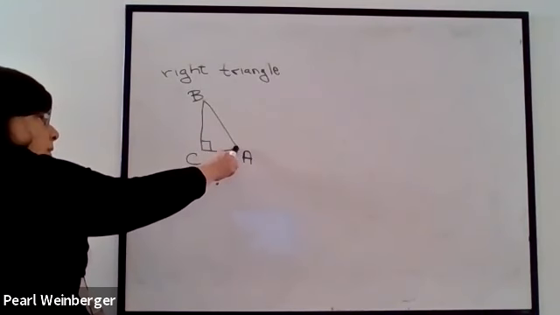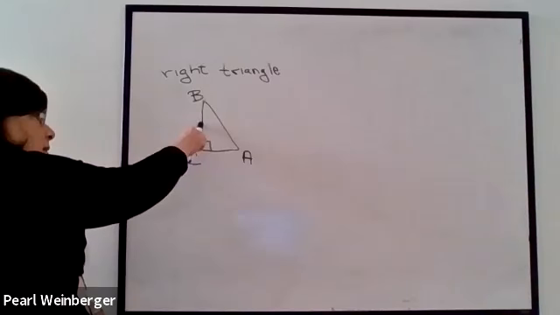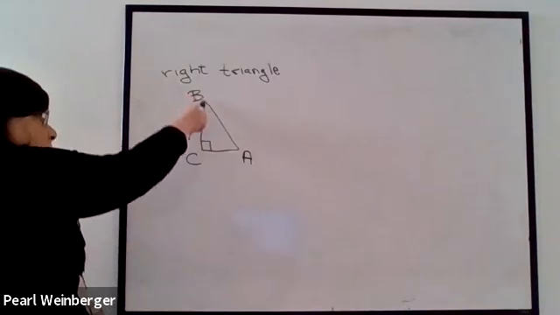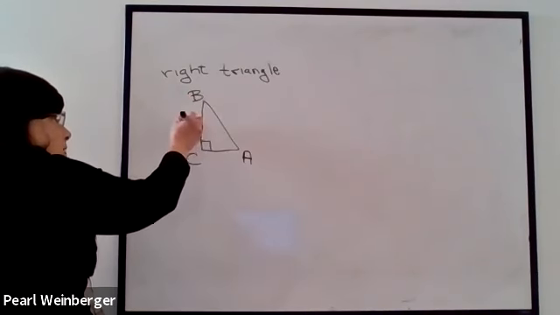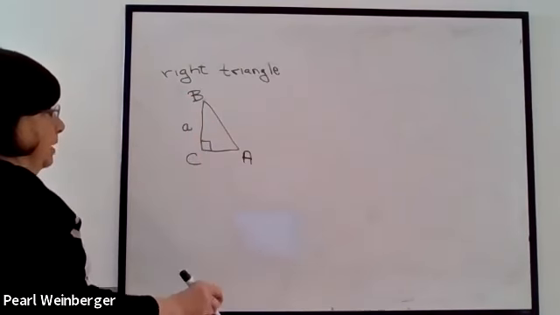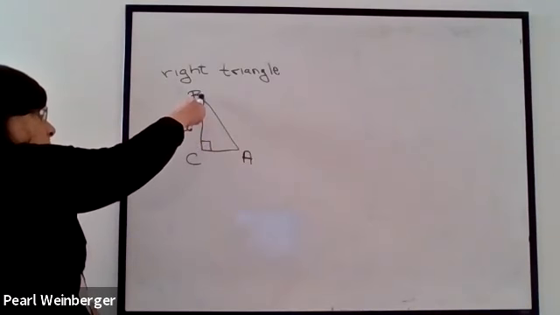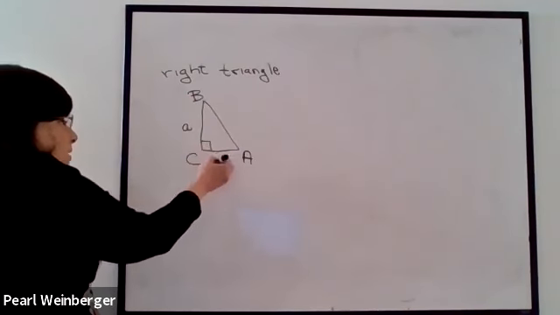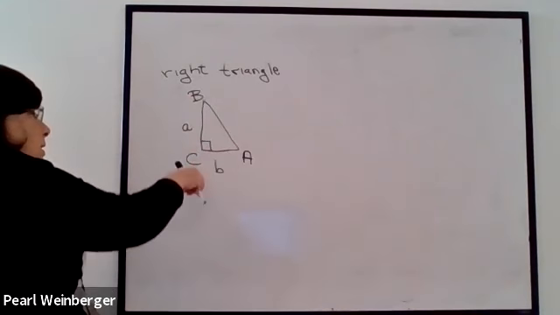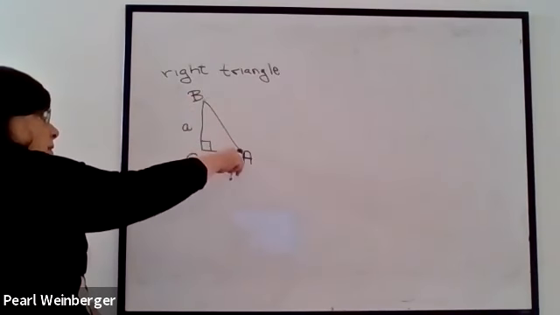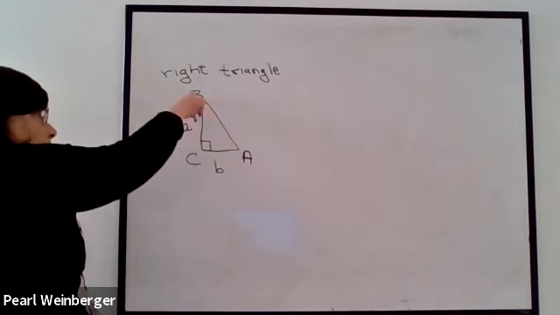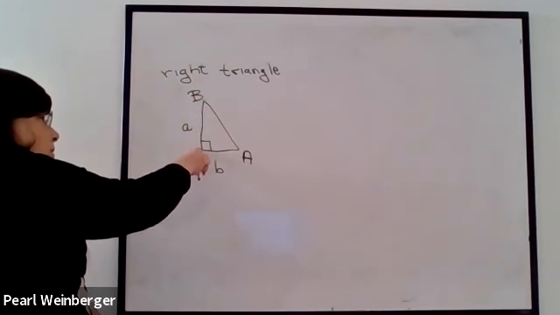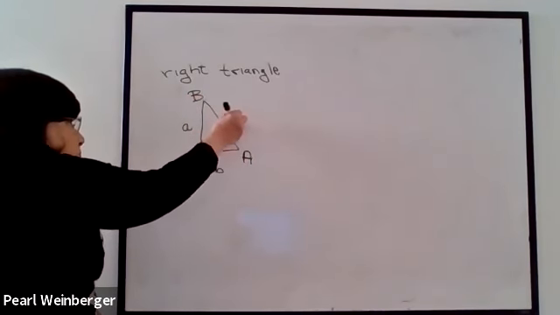If I look directly across from A, what we call opposite to A, we have this side that runs from B to C. That's what we're going to call small a. This angle B is directly across from this side that runs from A to C. So we call this side small b. And this side that runs from A to B is directly across from angle C. So this is my small c.